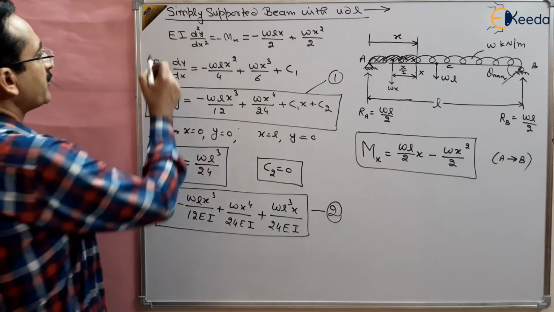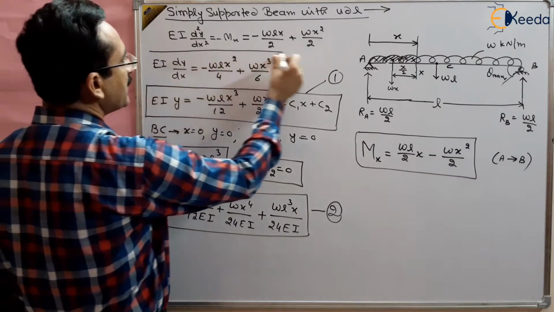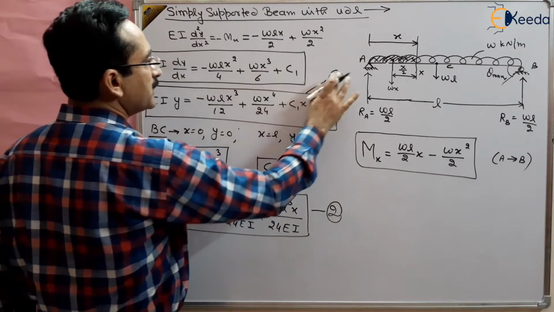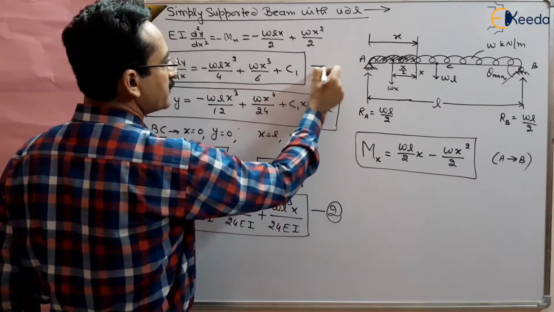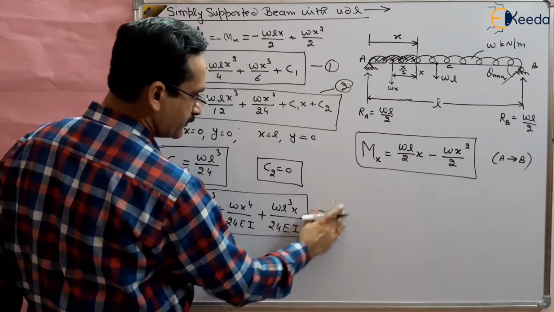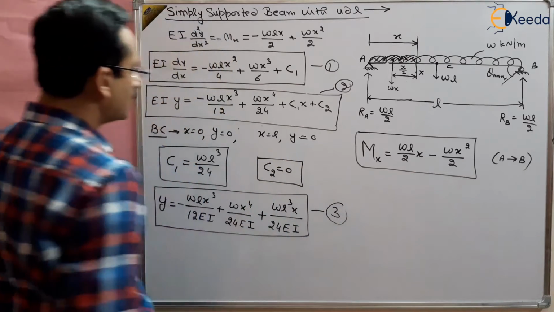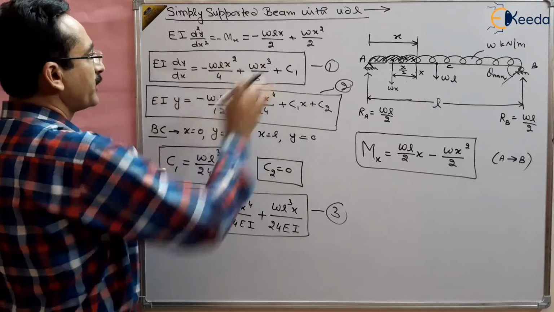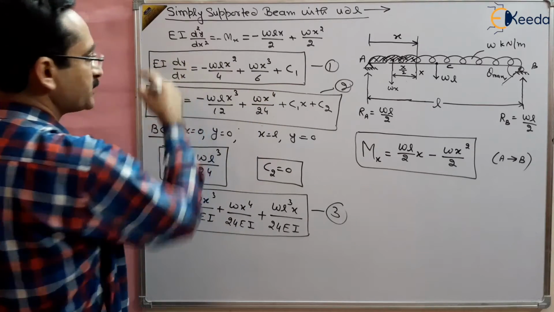Now the slope equation: this is our slope equation. Say this slope equation number is 1, this is 2 and this is 3, right? Now put the value of C1 here and you will get the slope equation. Slope dy by dx means theta.